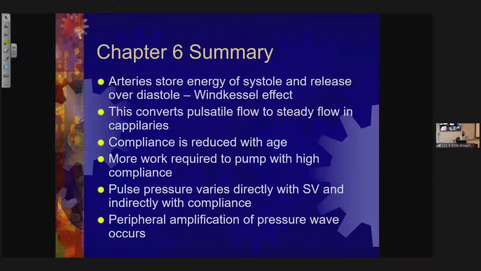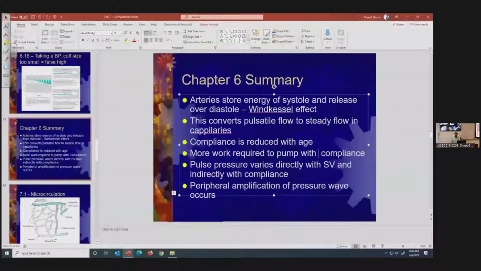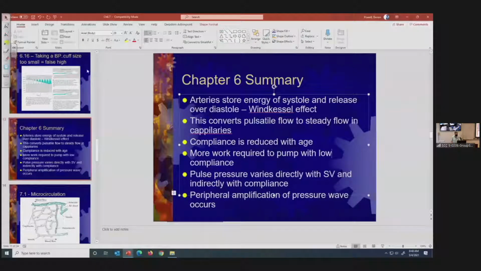I didn't bring my book. On our slide, it says more work required to pump with low compliance. Yeah, that makes sense to me. Let's fix that. I think I agree with you on that. It makes more sense. Okay, we'll leave it like that. So that's an edit.